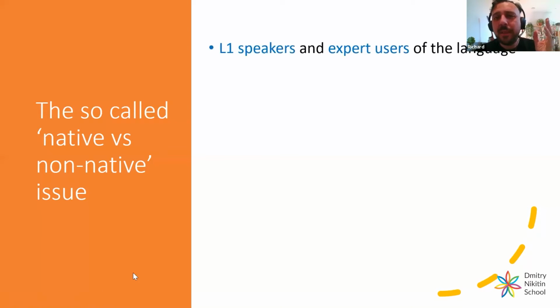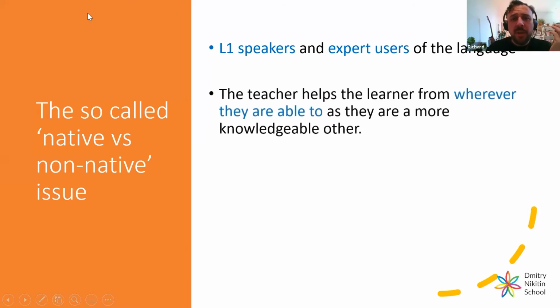As L1 speakers like me and expert users of the language, all of us, and this is what my research revealed that I did with teachers who had English as their first language and their second language, all of us can help.